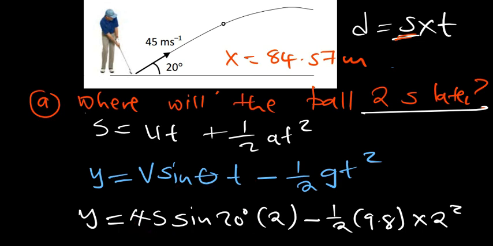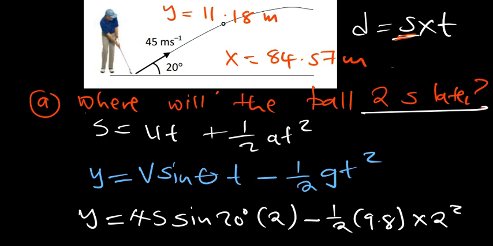Okay, so what is the answer? So 45 sine 20 degrees multiplied by 2 minus 1 over 2 multiplied by 9.8 times 2 squared. So I'm getting 11.18 meters. This is for the y direction.